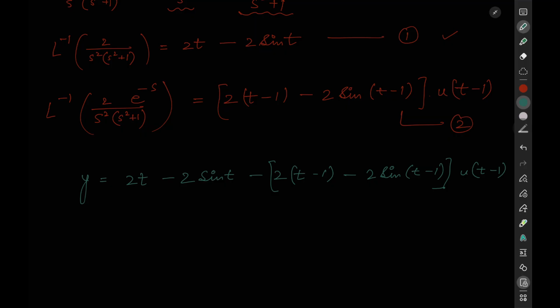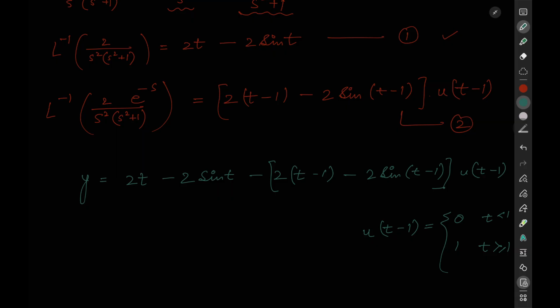Now, we have two conditions based on u of t minus 1. So u of t minus 1 is equal to 0 when t is less than 1 and 1 when t is greater than or equal to 1.